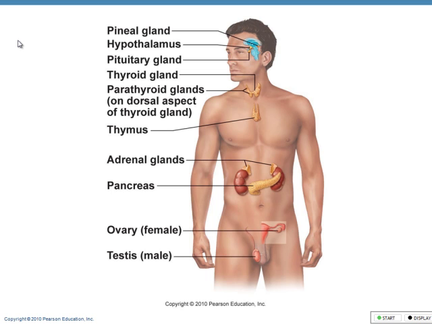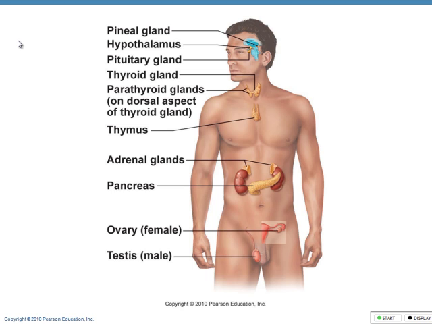And then the body's defense system is going to help mobilize itself with some of the chemicals we produce in the endocrine system. So all of these things are going to help regulate body functions to help maintain homeostasis. Everybody knows what that means, right? Balance in the body.